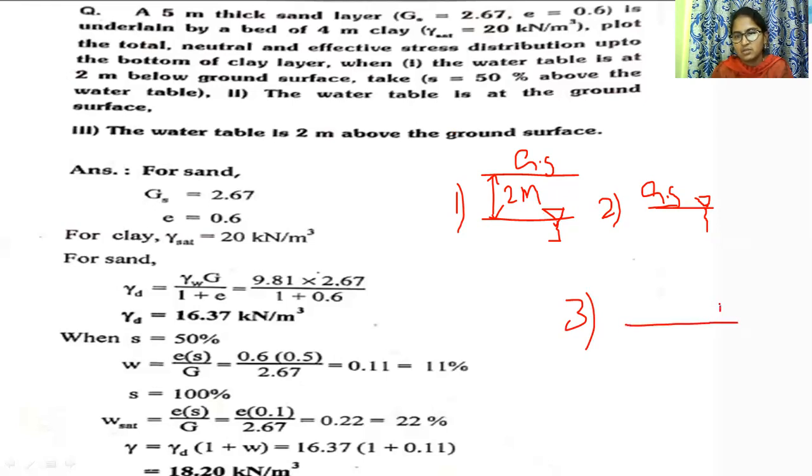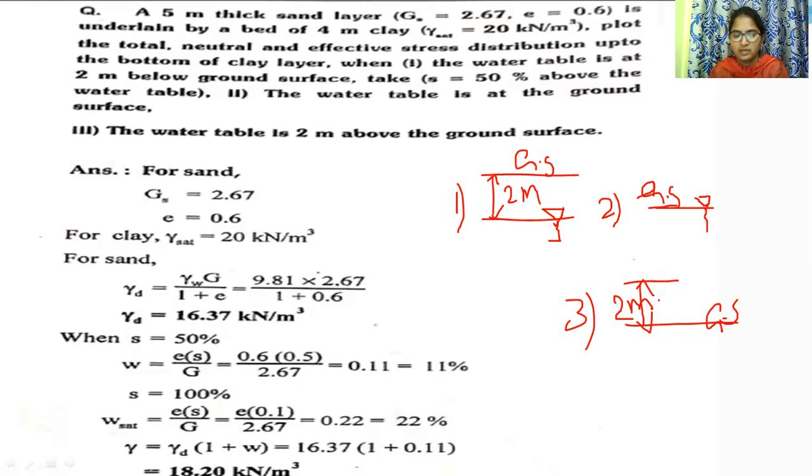Suppose this is ground surface, and the water table is 2 meters above it. In the first case, the water table is below ground surface at 2 meters, so the first layer will be in dry condition and the remaining will be saturated. In the second case, all layers will be saturated, and in the third the water table is 2 meters above the ground.